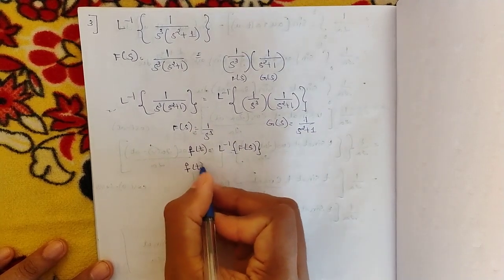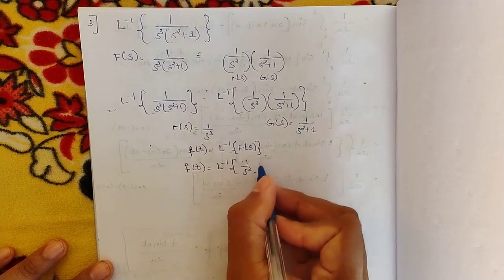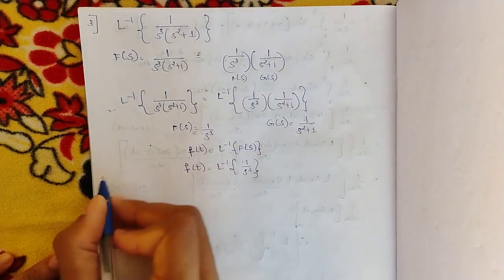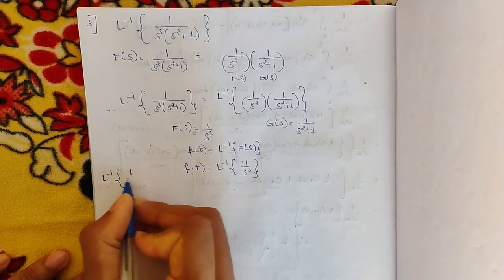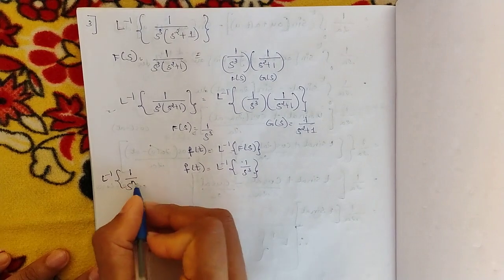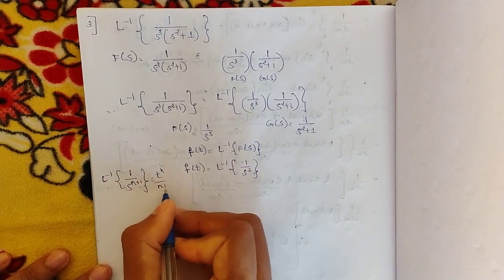So F of t is equal to L inverse of 1 by s cube. We know that L inverse of 1 by s to the power n plus 1 is given by t to the power n by n factorial.